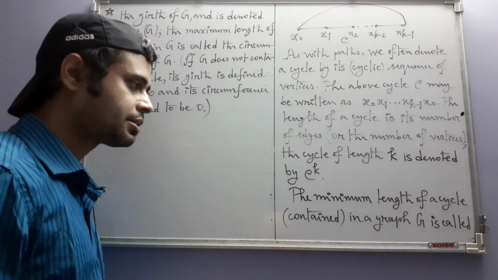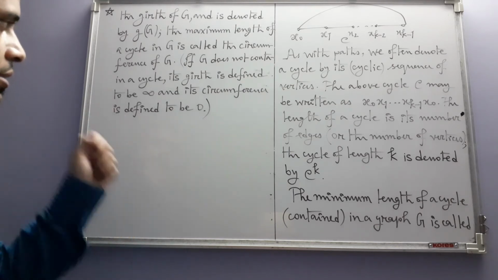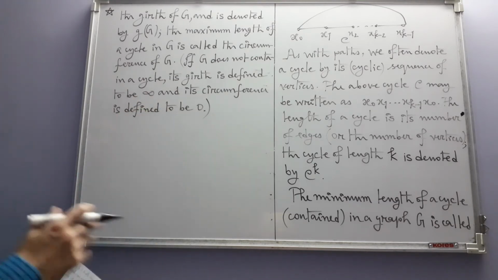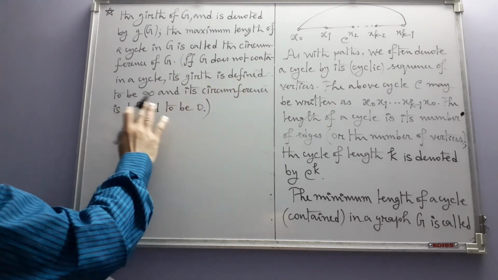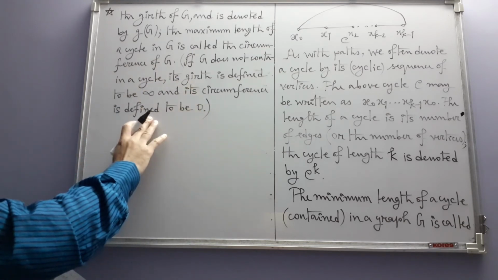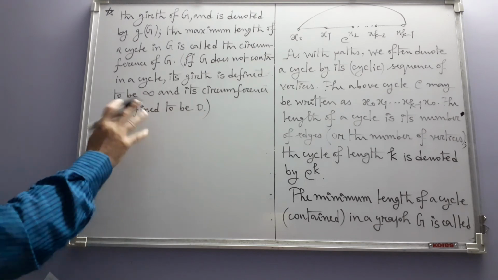So if there are cycles in a graph, then the girth of the graph will always be less than or equal to its circumference. However, in this case, the exact opposite is happening. So you can draw the analogy and try to understand why we have defined girth and circumference in this extreme case to have the opposite order.